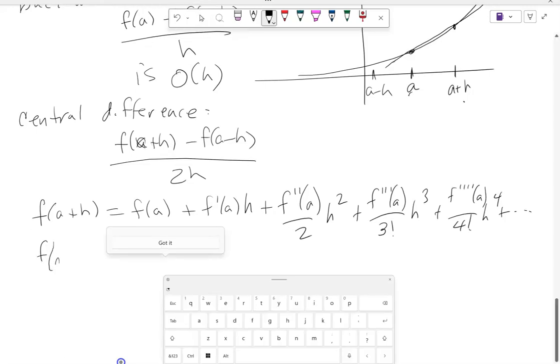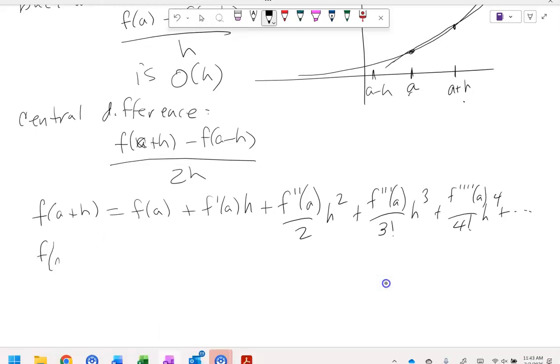What do you get when you put in A minus H instead? Remember, just to remind, that's where that H squared came from, right?